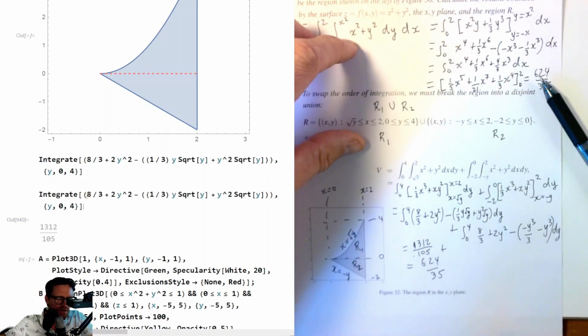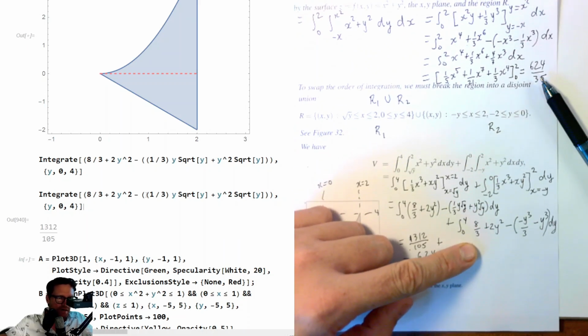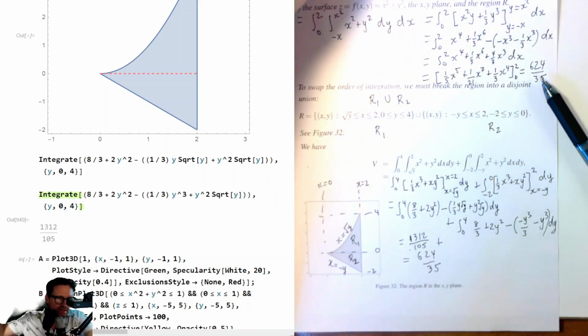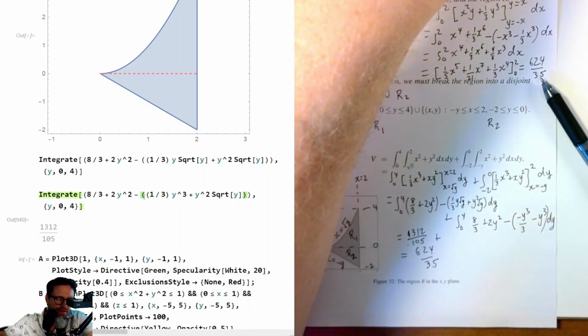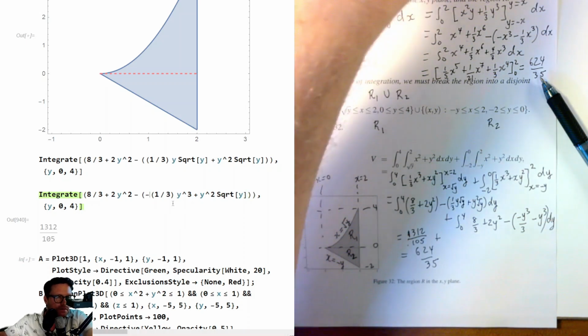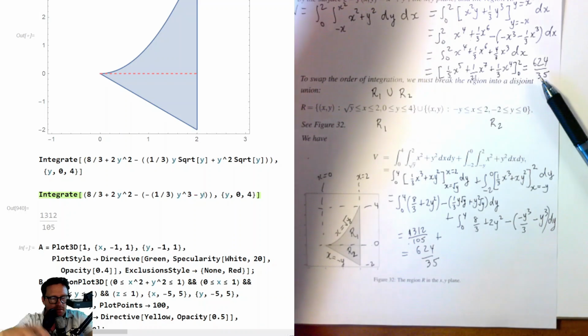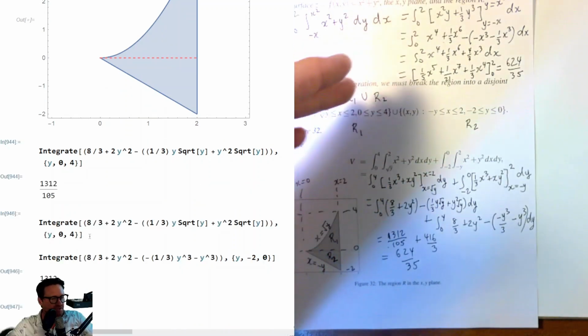And that other piece was 8 over 3 plus 2y squared minus 1/3 y cubed, but it was minus inside there. And then minus y cubed. Okay, so I see the issue here.